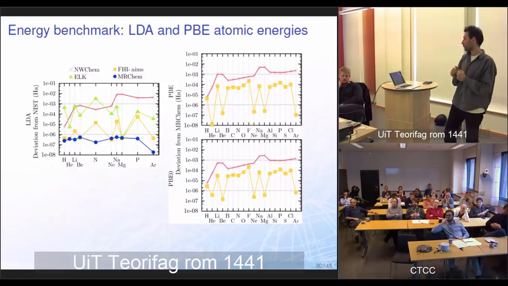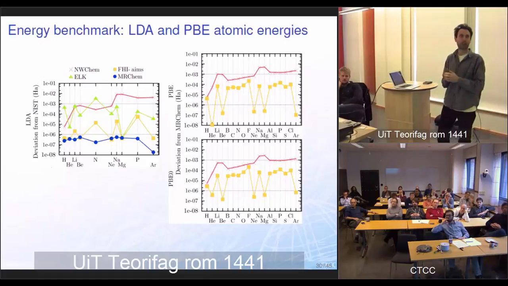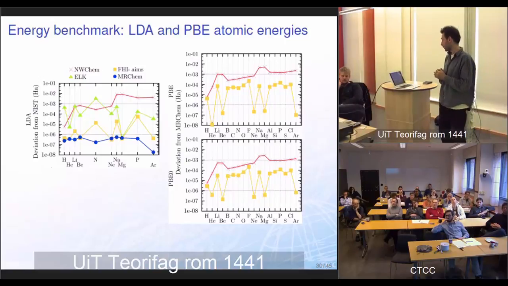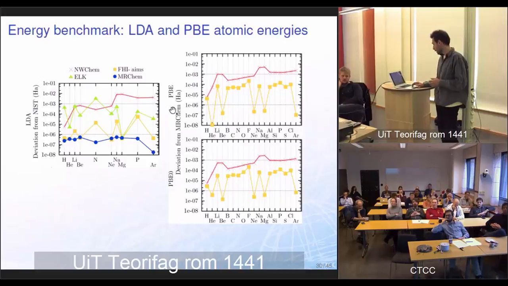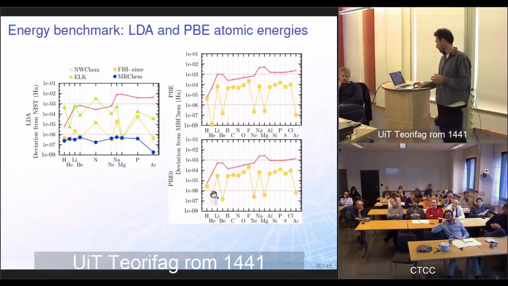There are no augmented plane waves here because those that ran the calculations, it was not us, didn't manage to perform equally well, so we had to drop those calculations. As you can see, the numerical atomic orbitals consistently get you below chemical accuracy, but not the Gaussians. The Gaussians at some point go beyond that.